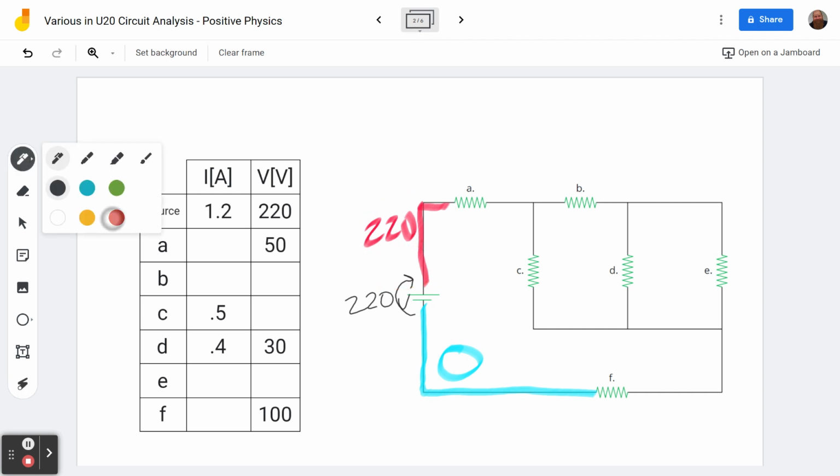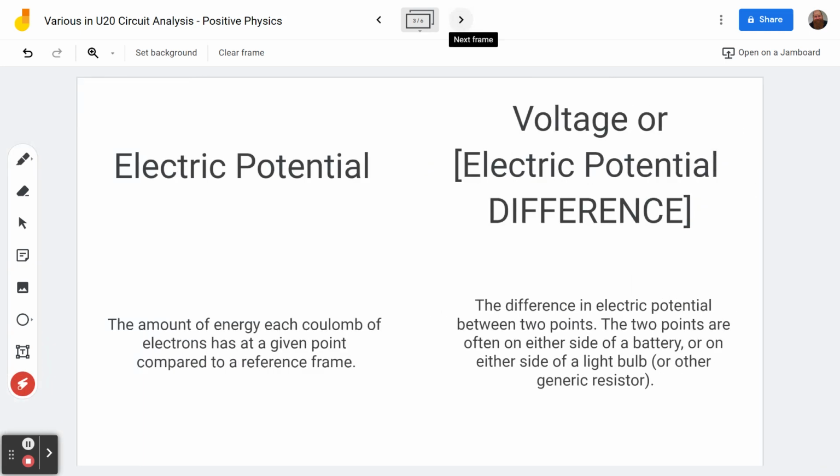I should have put volts there. Let's do that. Volts. All right, so what is electric potential difference? Well, voltage, or electric potential difference, notice I kind of yelled at you here. Sorry about that. If you're up with online lingo, all caps means yelling, but I wanted to point it out, and I can't change the size in a Jamboard like this very easily.